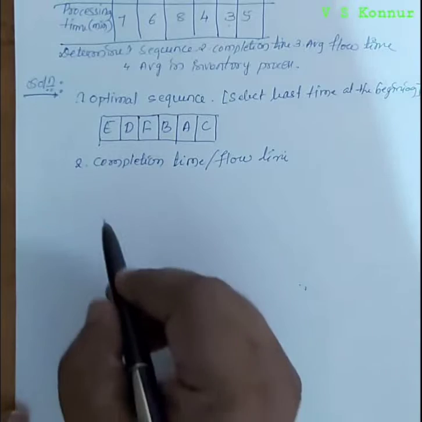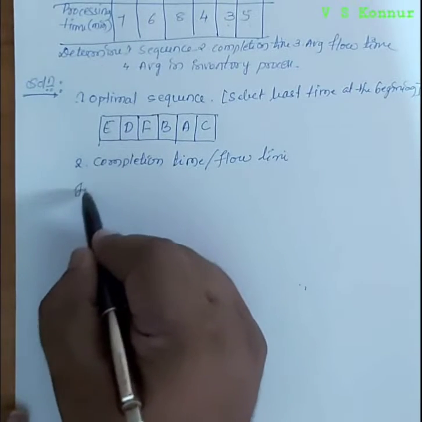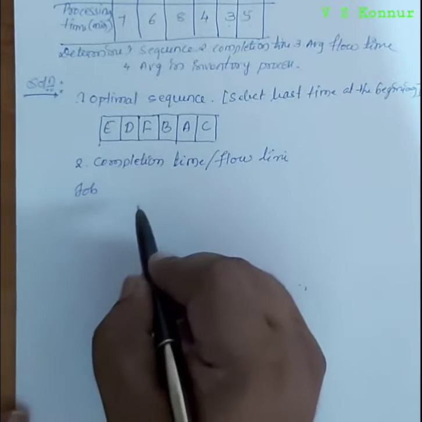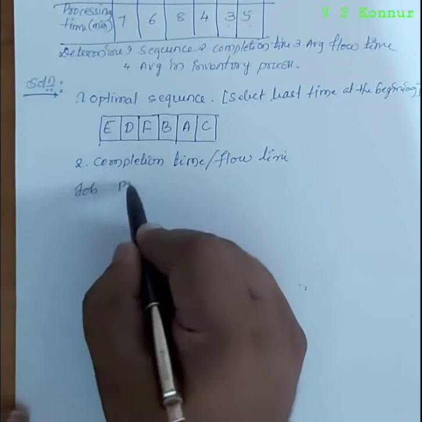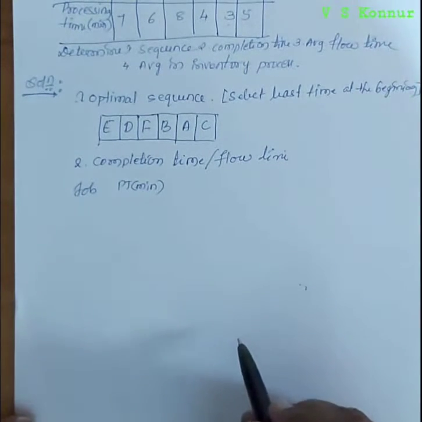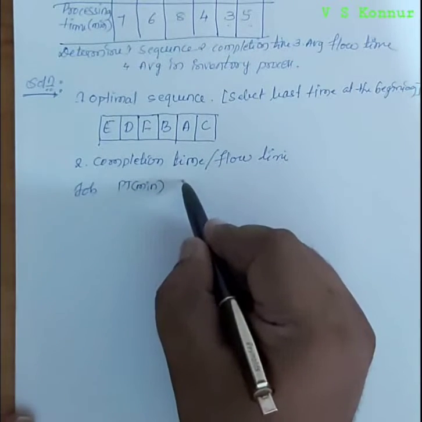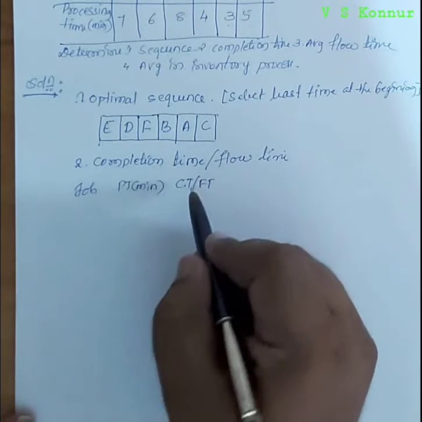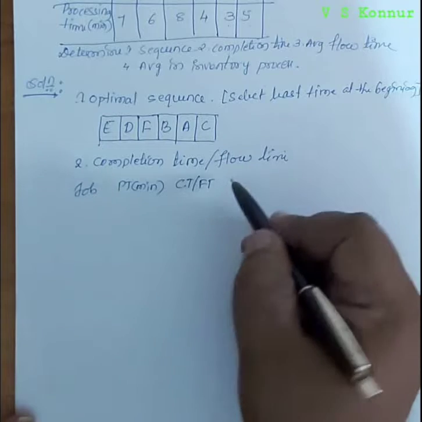The table consists of job, process time in minutes, then completion time or flow time. We also have to calculate process inventory here.